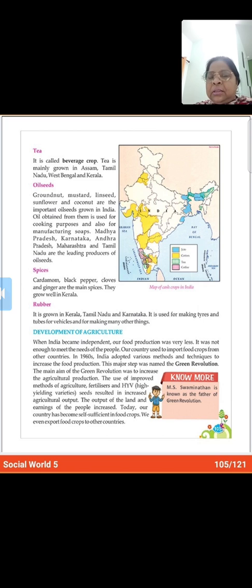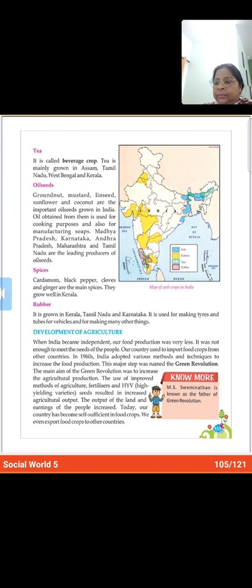And then ginger is used dried, and it's used raw also. Then nutmeg means jaifal, and coriander, dhania, turmeric, etc. These are all spices, and mainly cardamom, black pepper, cloves, and ginger are grown in Kerala in abundance. Okay, children? So remember that.